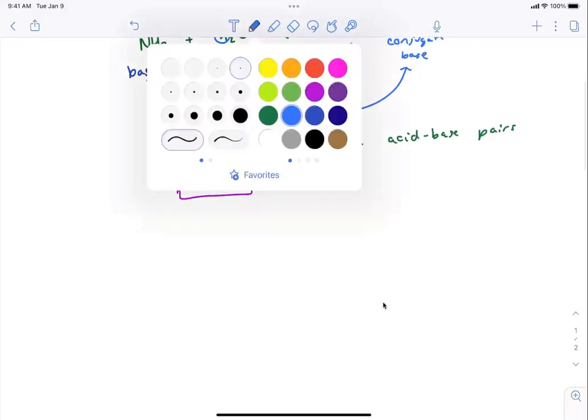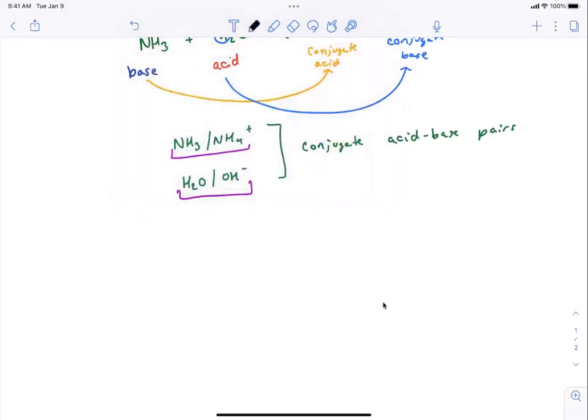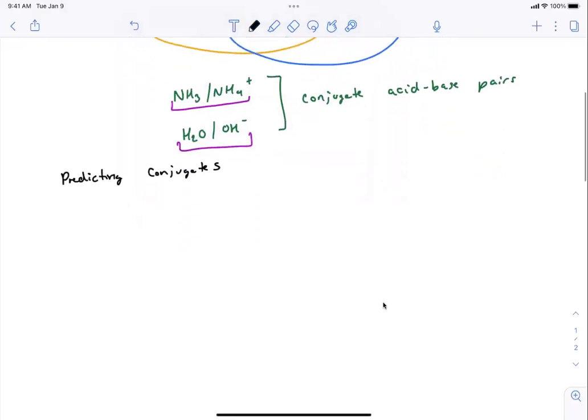Okay. You may also be tasked with predicting conjugates. So this is a little bit, I guess, quote unquote, tricky, but you have to think about it in terms of what is it producing and where did it come from. So if they ask you, like, identify the conjugate base of HF, okay?